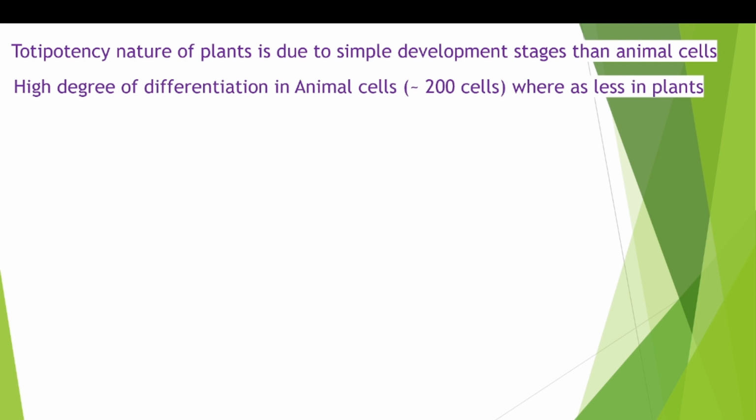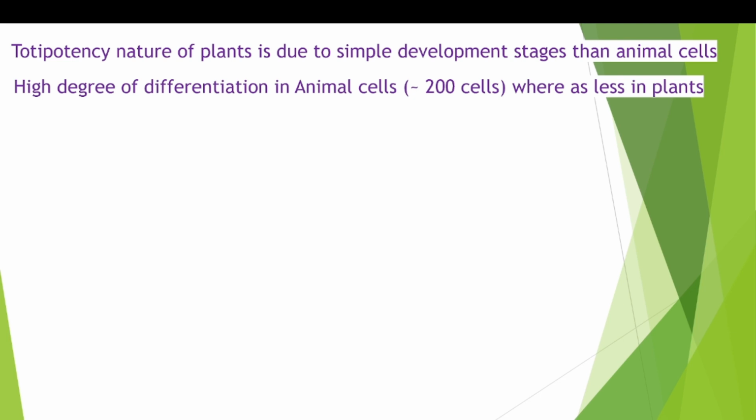So animals have high differentiation, whereas plants have less differentiation. Because of this less differentiation, plants can easily de-differentiate and regenerate into whole plants. Whereas animals are highly complex.